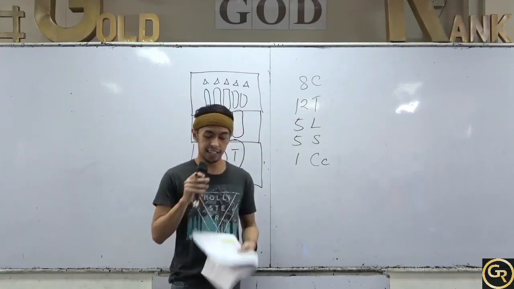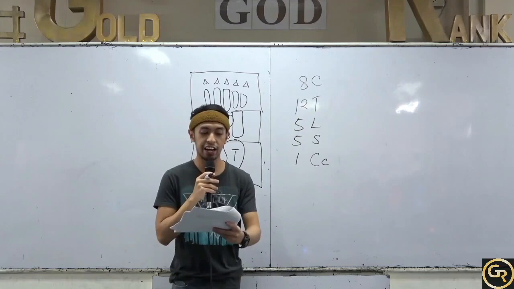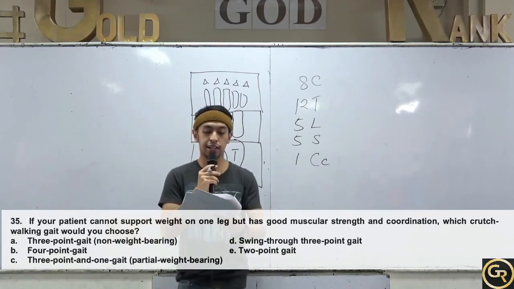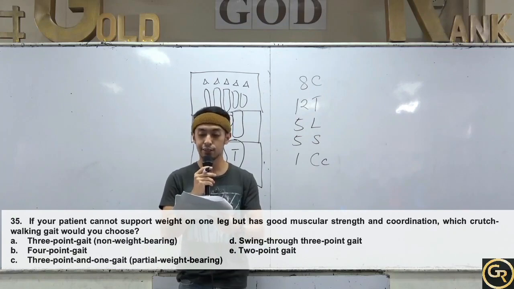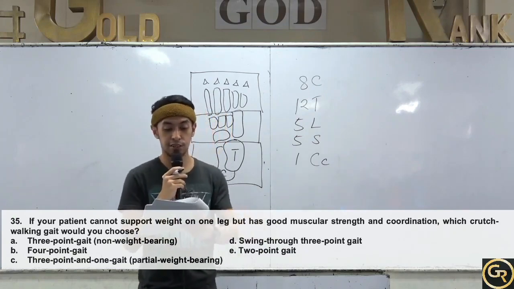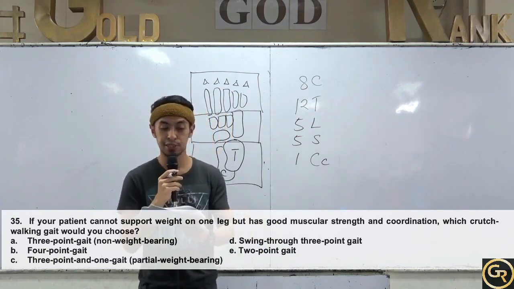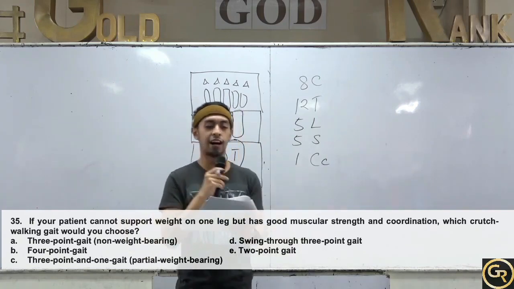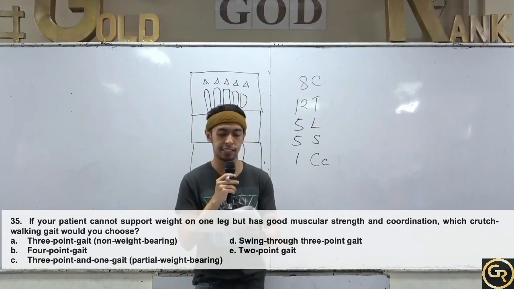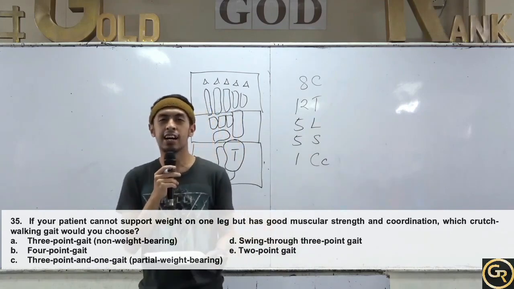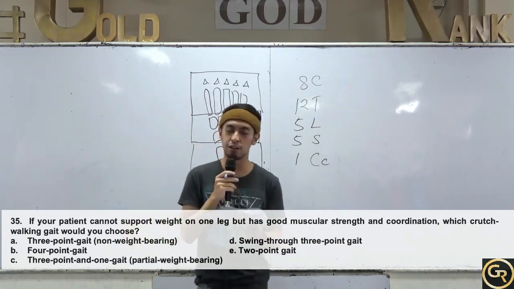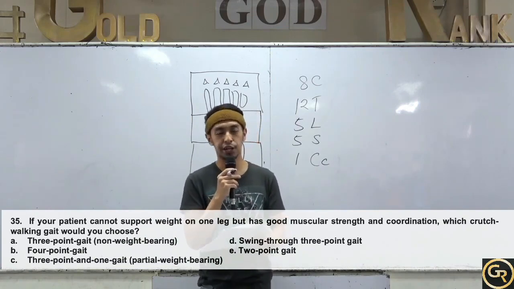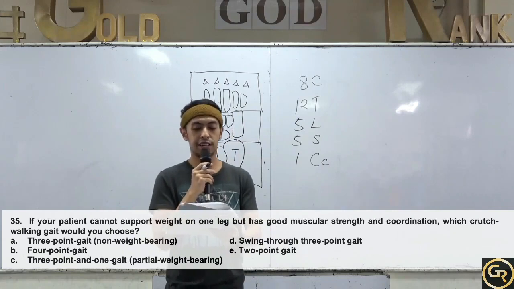Next, number 35. If your patient cannot support weight on one leg but has good muscular strength and coordination, which crutch walking gait would you choose? Sabi po sa isang napakalumang libro po na ginagamit po for your board exam, it's your providing early mobility. This type of crutch walking gait is what we call your swing-through 3-point gait.